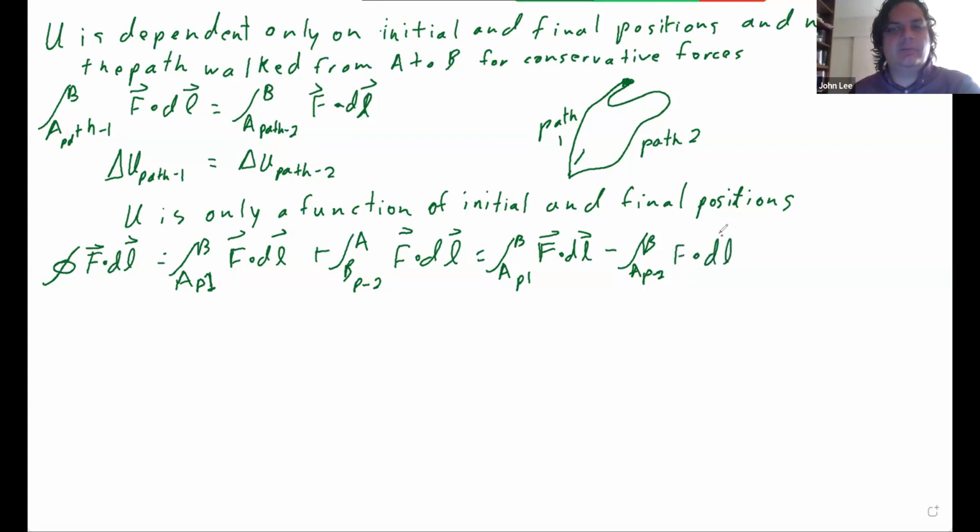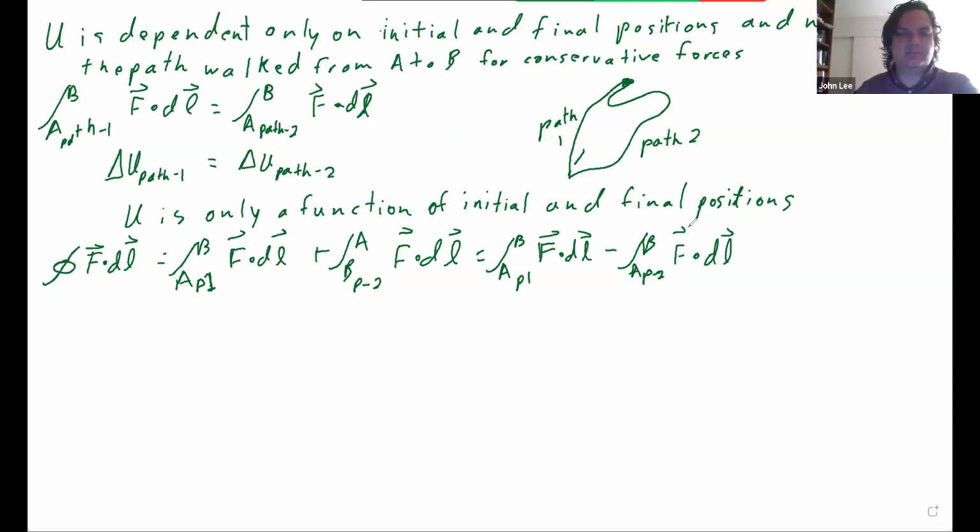So you're going from a to b along one direction, which means that as you go along the opposite path, at any given point, dl is going to be pointing in the opposite direction as if you were going from a to b when you're going from b to a.